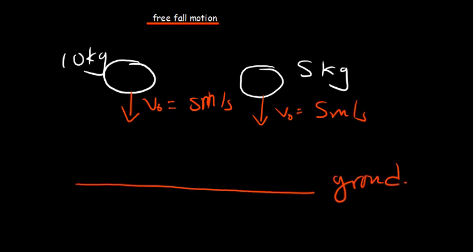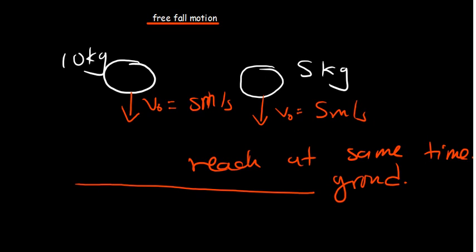Now, if I throw these two objects at the same time with the same velocity, they are going to reach the ground at the same time. That we should know. Despite having different masses, they reach the ground at the same time.